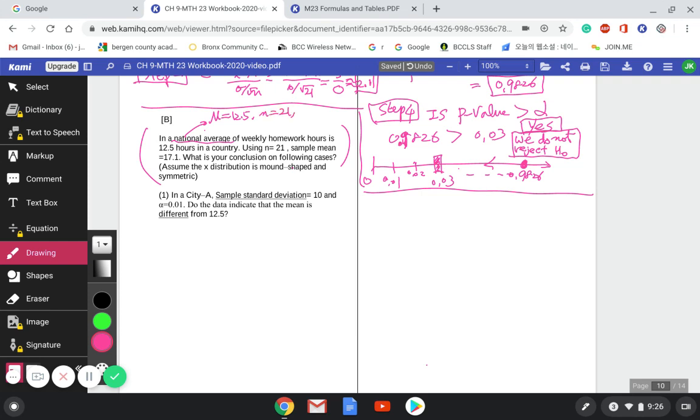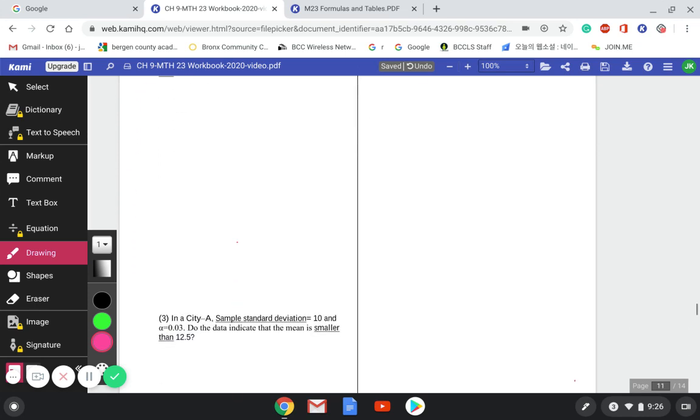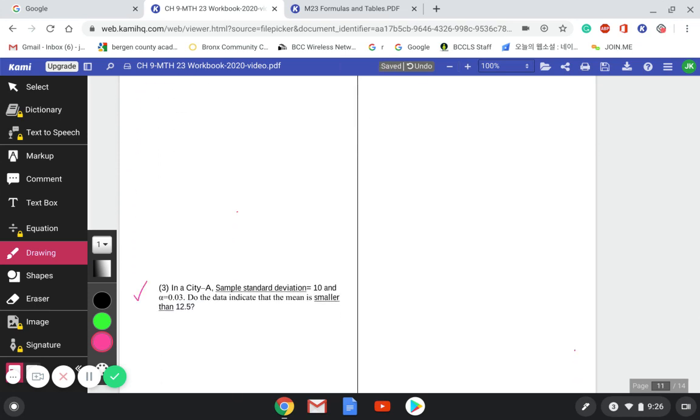And sample mean, not the population mean, was x bar, right? It's at 17.1. And then they are asking either 3 different types, okay? So again, I'm going to do the easiest one first, smaller. So when mu is smaller than 12.5, you do left-tailed test.